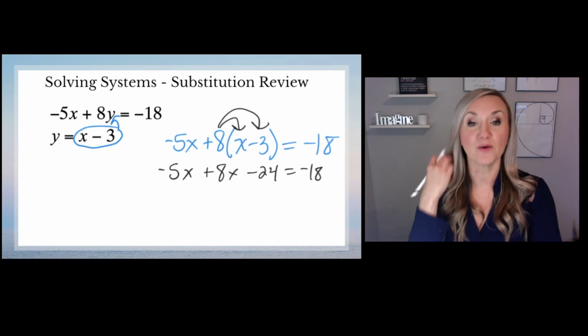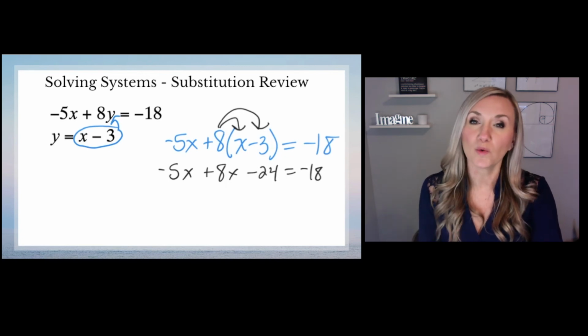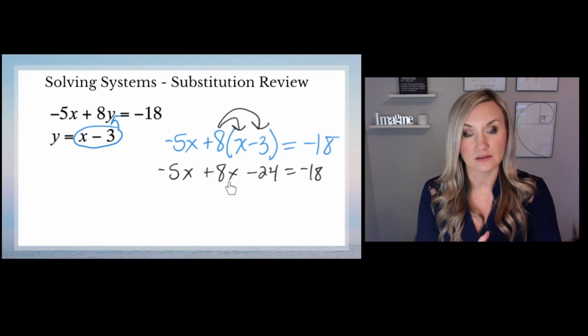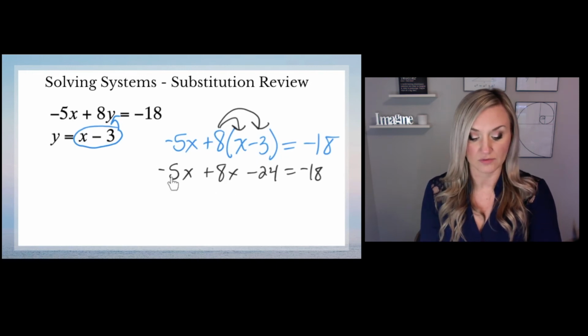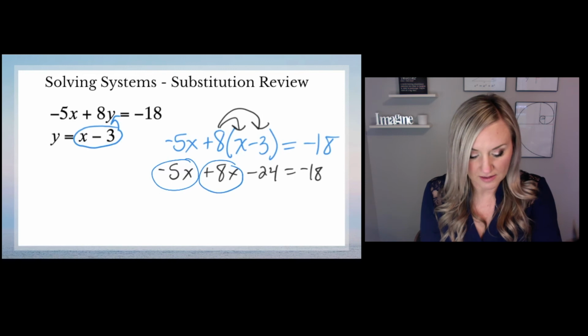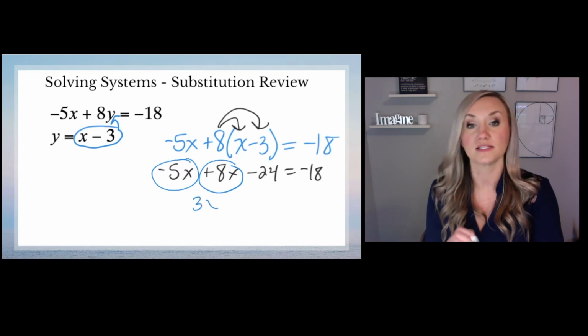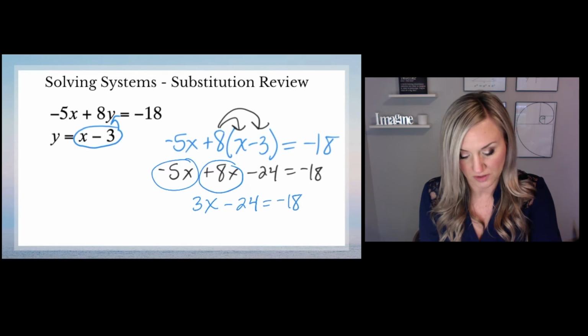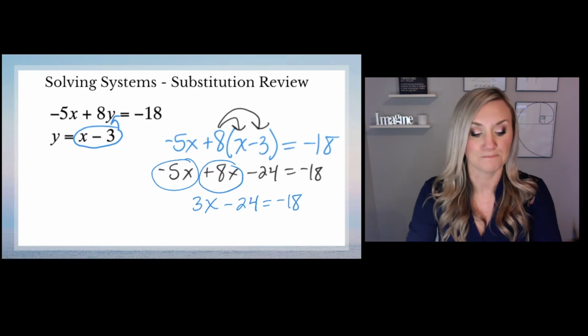All right, so next, our whole goal is to get the x by itself. And when you look at the left side of the equation, you notice that we have like terms. So we want to combine these like terms first. And when we do that, negative 5x and a plus 8x is a positive 3x minus 24 equals a negative 18.